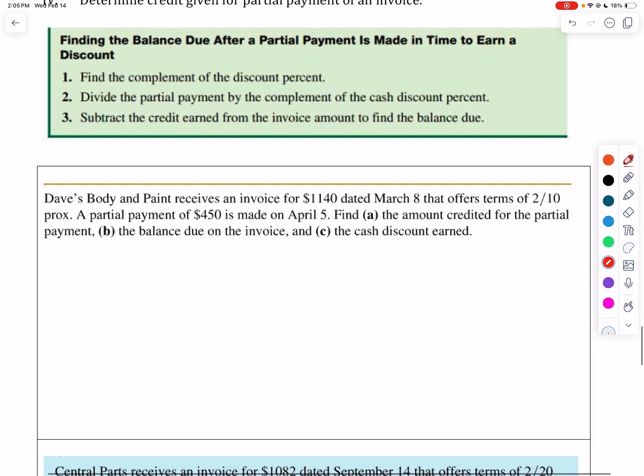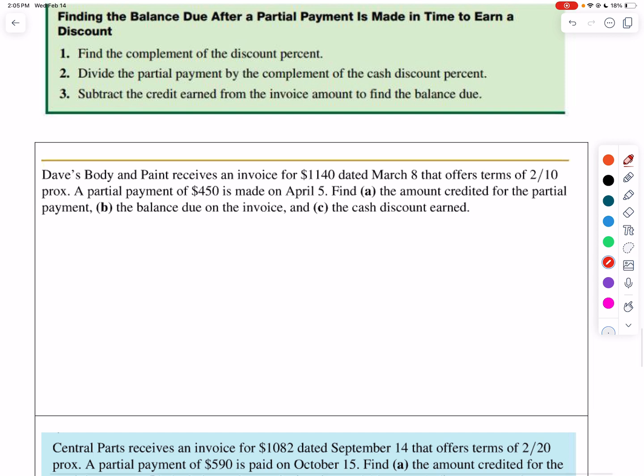So the first thing we have to do is make sure that we actually get the discount, looking at the discount date. This is 10 Proximo, which means it has to be 10 days at the end of the March month, because the invoice was dated March 8th.